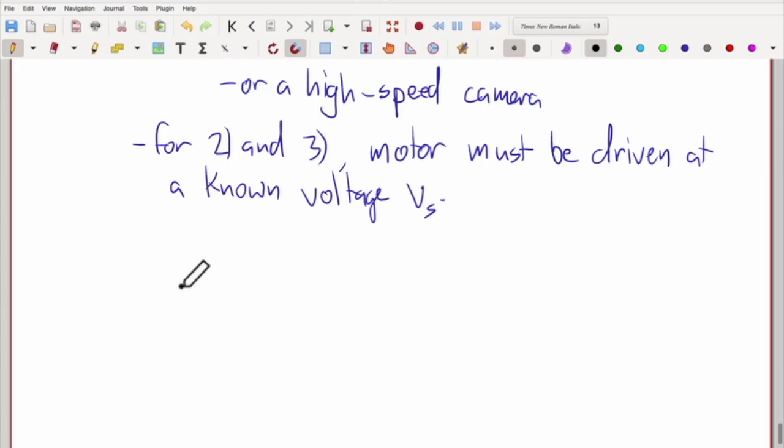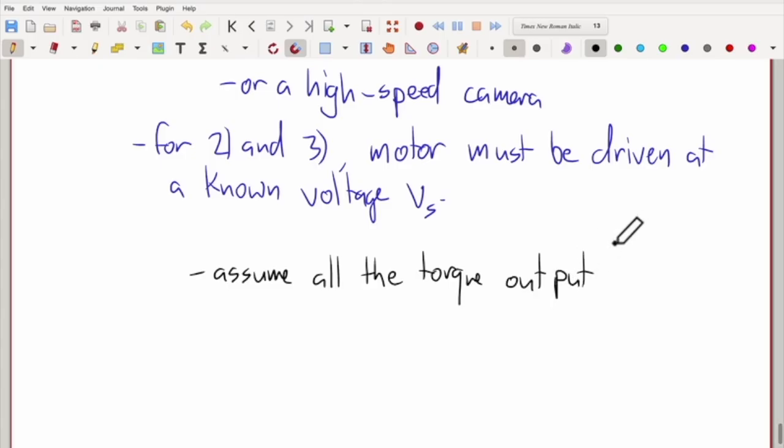So now, once we have these quantities, how do we calculate our system identification? We do two things. First of all, we assume all of the torque output Tm is consumed by Tc, this Coulomb drag.